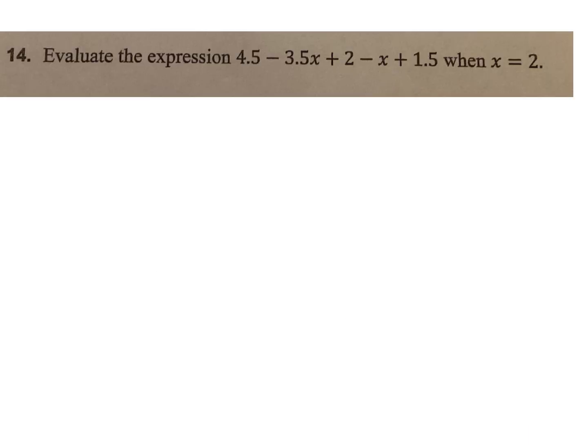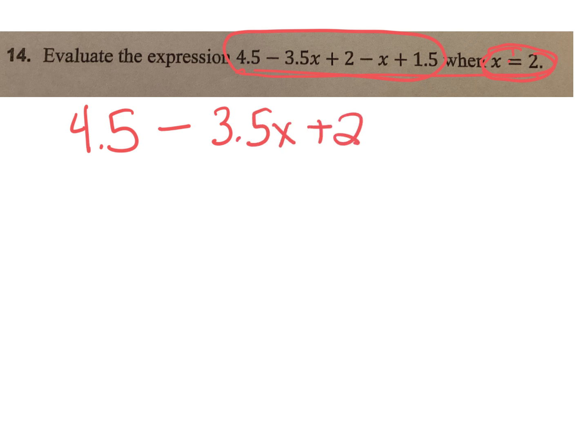All right, we're going to evaluate the expression, and it's a long one. And this is what x equals. So what I could do is simplify that first. So let me do that in red. 4.5 minus 3.5x plus 2 minus x plus 1.5.